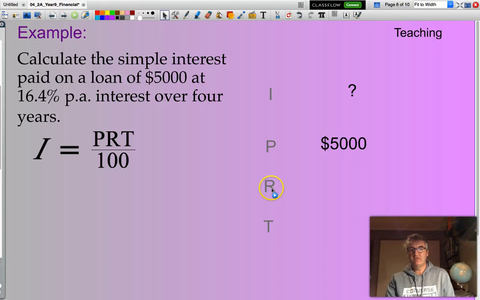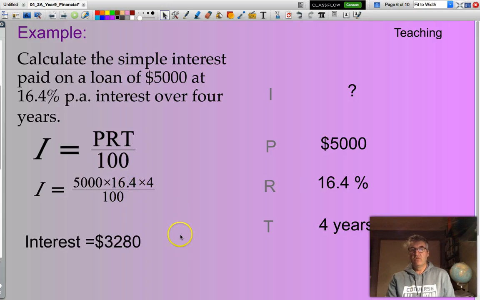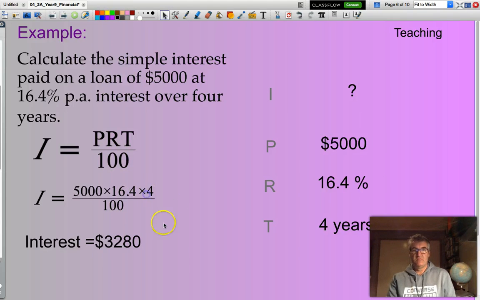What is the rate? The rate is 16.4%, and the time is 4 years. I can put all those numbers into the formula and end up with $3,280. So there you go. I'll move on to the second example.